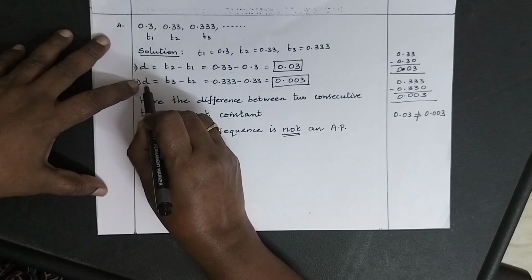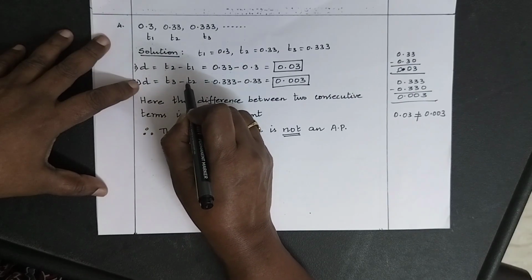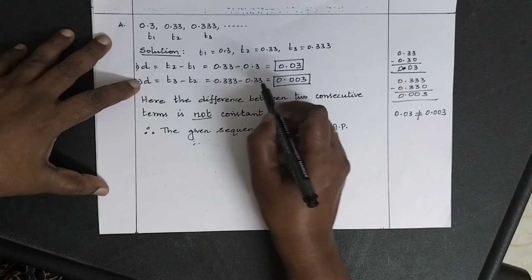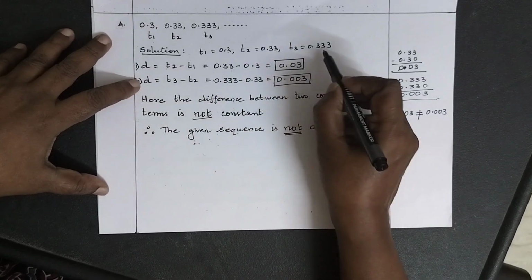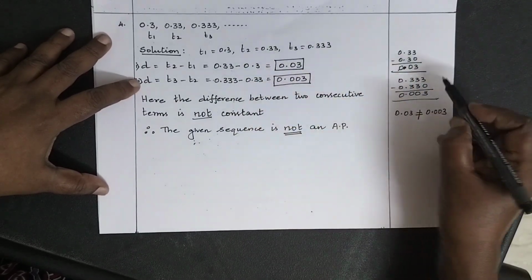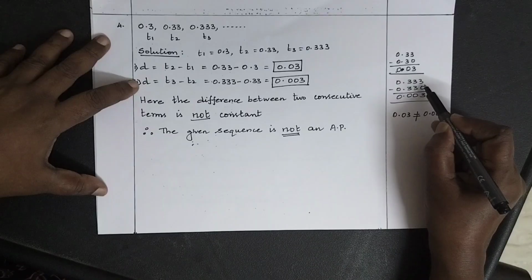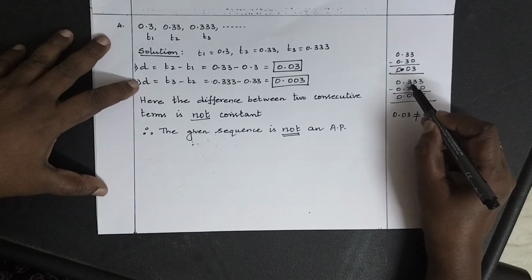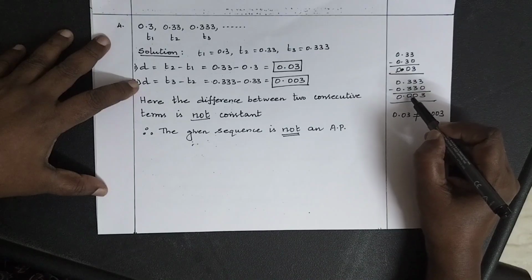Similarly, D is equal to T3 minus T2: 0.333 minus 0.33. Write 0.333 and 0.33; here no digit is there, so put 0. 3 minus 0 is 3, 3 minus 3 is 0, 3 minus 3 is 0.